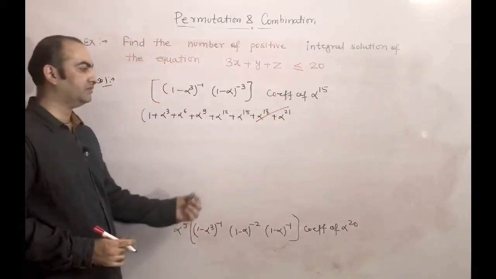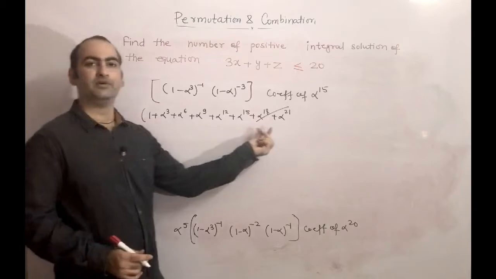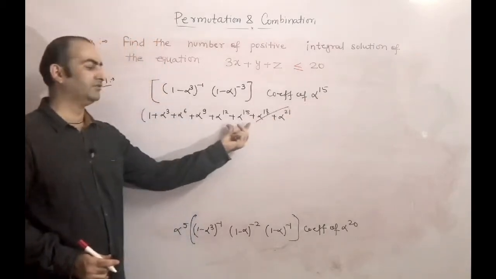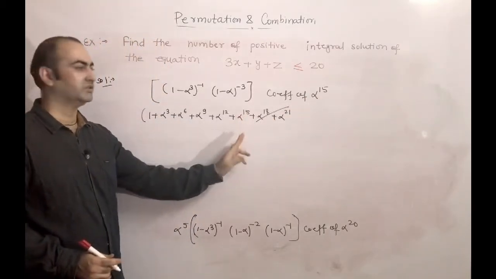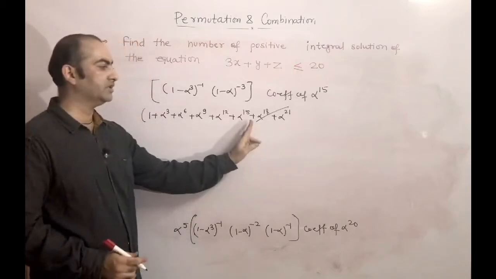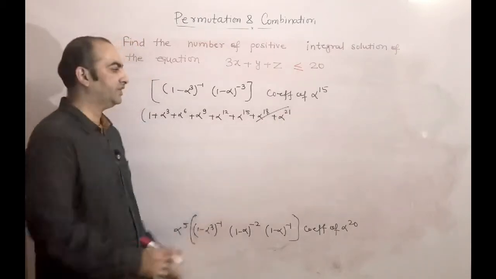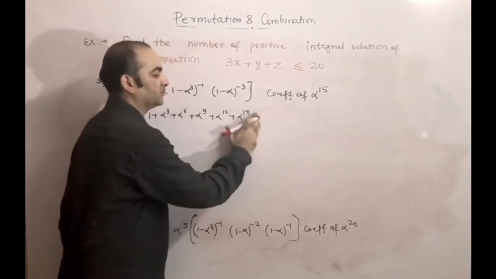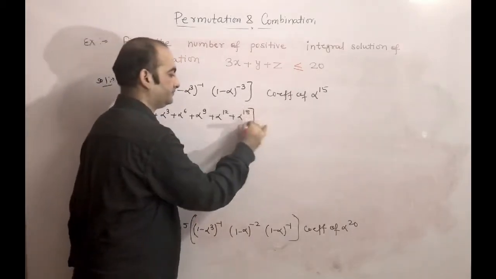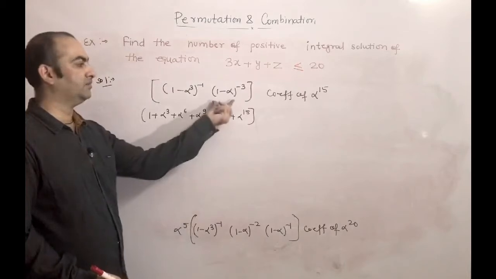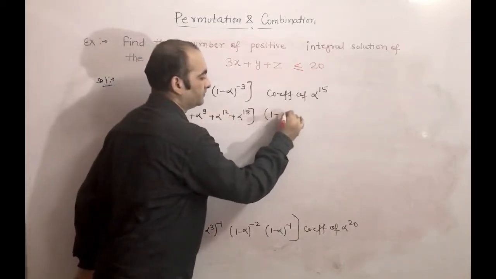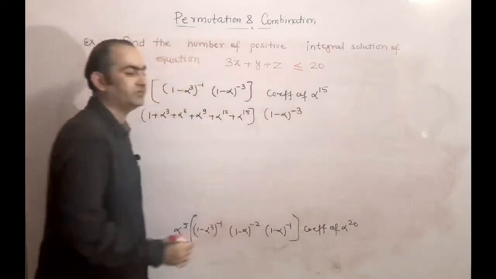We have to take only terms having alpha power 15 or less than alpha power 15. Alpha power 18 will not give the coefficient of alpha power 15. So we take only these many terms in bracket, and this one is 1 minus alpha to the power minus 3.